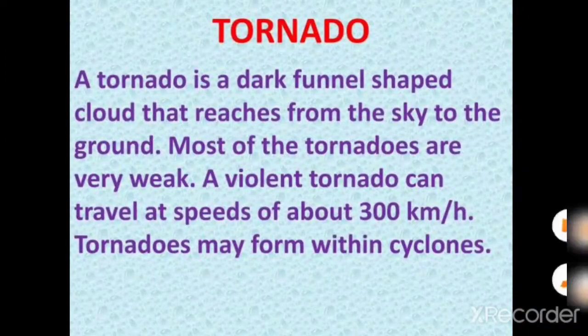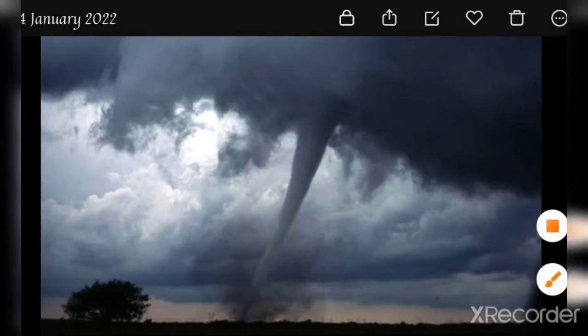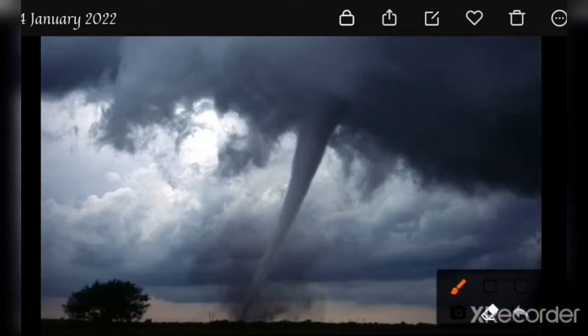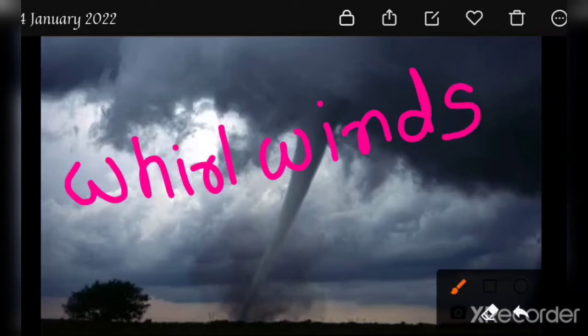In the diagram you can see how a tornado looks. It is a spinning whirlwind. Its other name is whirlwind, meaning the winds which are continuously spinning.